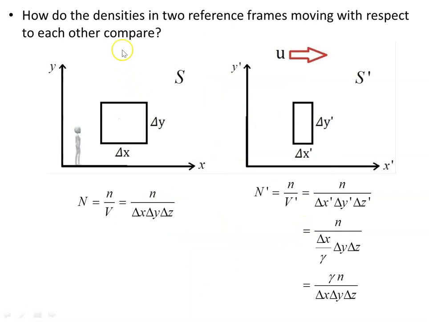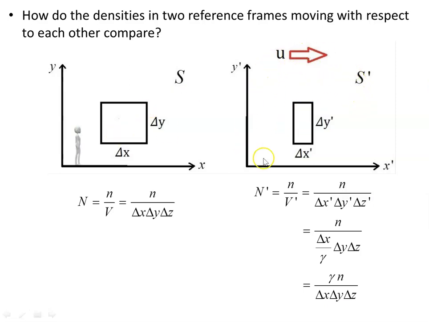All right. But how do the densities in two different reference frames moving with respect to each other compare? So let's say here's our rest frame here, and here's the same box in some inertial reference frame in standard configuration with the first one here, moving along the common x-axis with a constant velocity u, or constant speed u if you like.